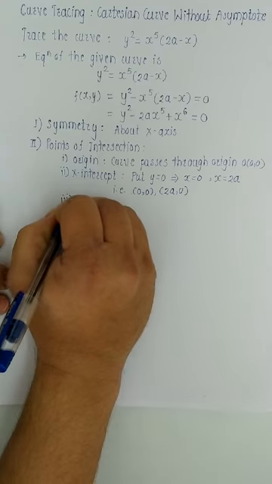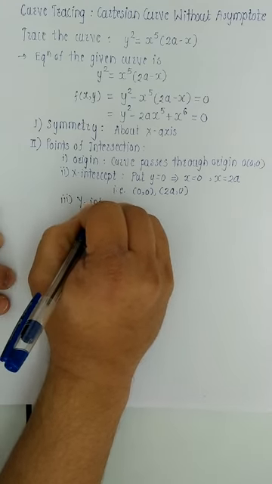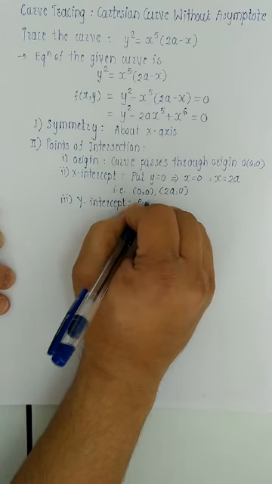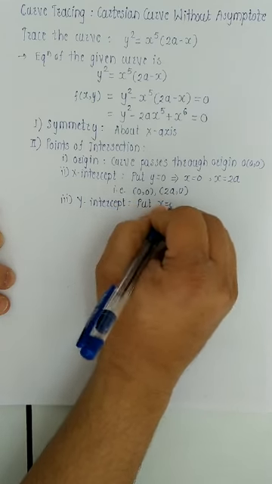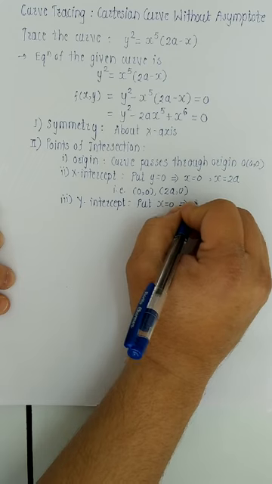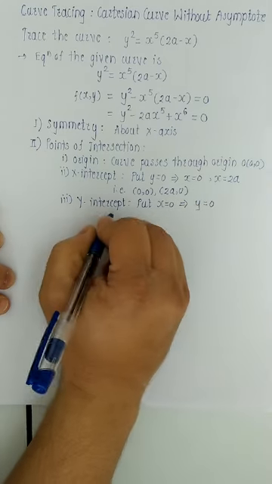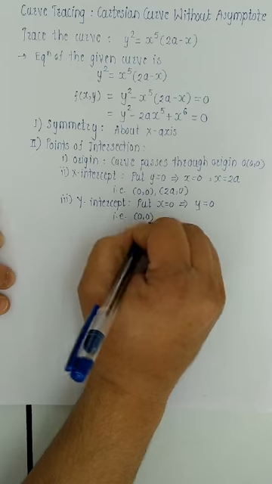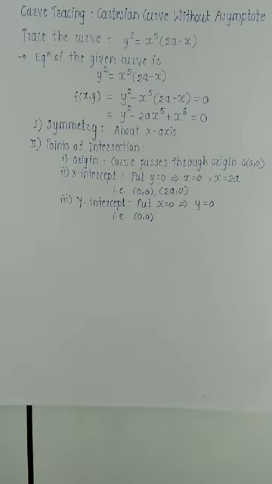Third, the y-intercept, for which we need to put x equal to 0, and that gives us y equal to 0, so the point of intersection is 0, 0.